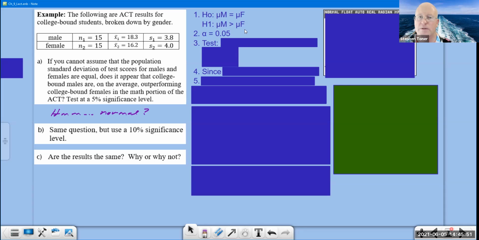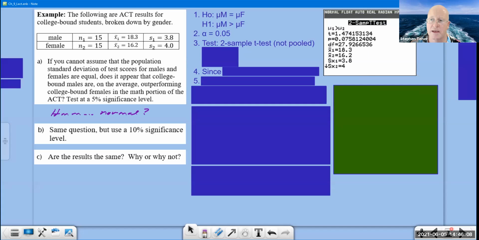Because I don't know whether the population standard deviations are equal, and because people are not being randomly assigned into a gender, this is going to be a 2-sample t-test that is not pooled. And I've done this over here at the right on the calculator if you want to check all the results on your calculator, but basically it's a p-value of 0.0758.